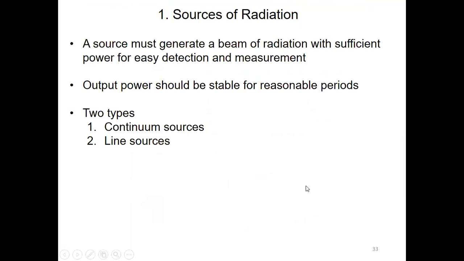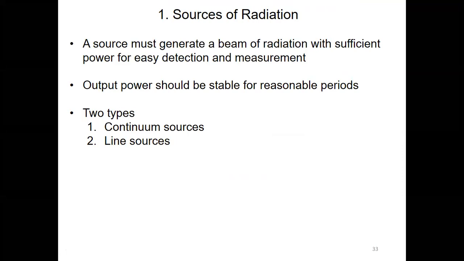And next, let's move to sources. So now we are going to study those five different types. First one is the sources. So what are the sources? The source must generate a beam of radiation with sufficient power for easy detection and measurement. So it should generate radiation with sufficient power.